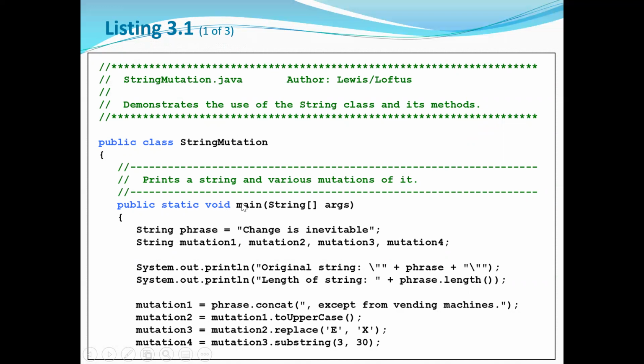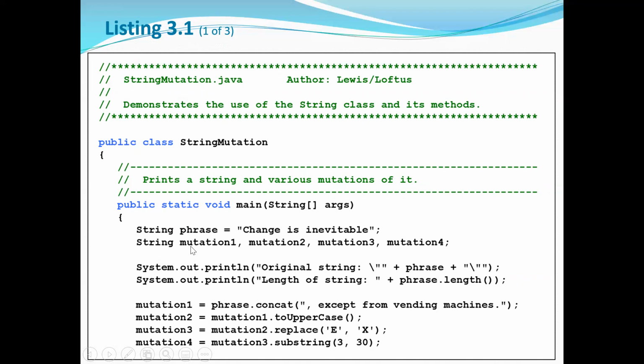The first thing we do is declare a string. As we said earlier, string is the only class where we can create the object without using the new operator. Here we create a string object named phrase, but we didn't use new. We assigned a string to it.